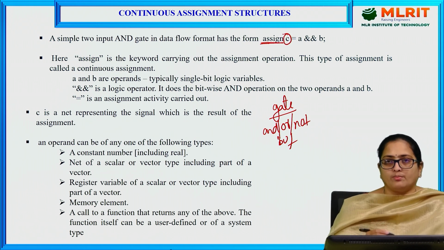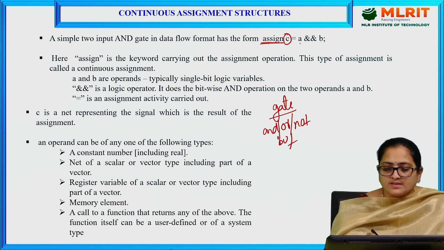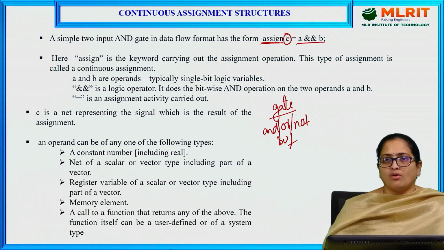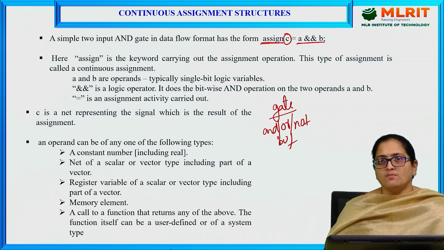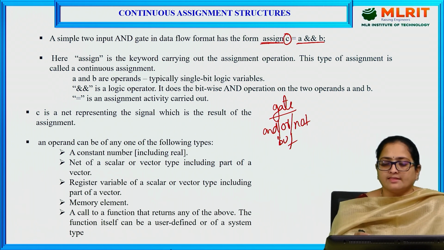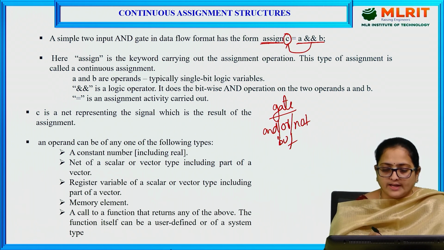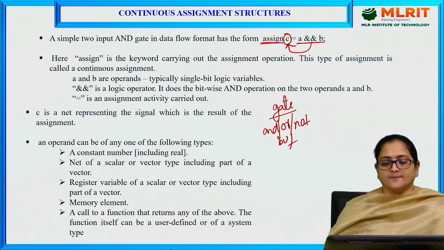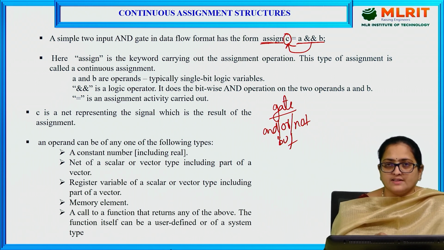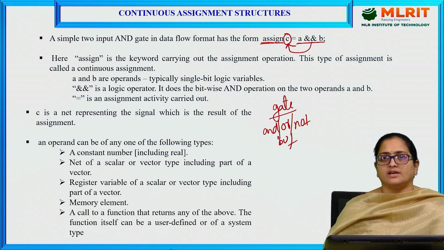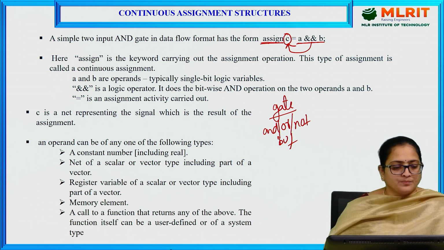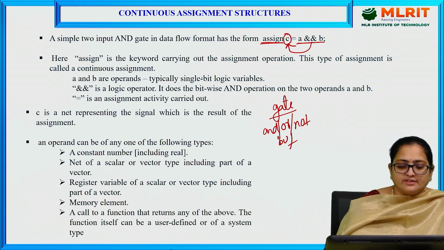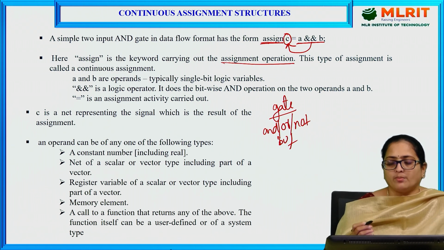A and B perform an AND operation, and that output will be stored in C by using an assignment statement. The assign statement which you are using here is a continuous assign statement. Here, assign is a keyword that carries out the assignment operation.